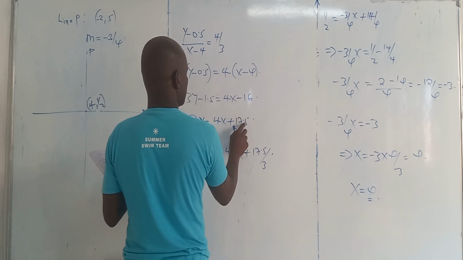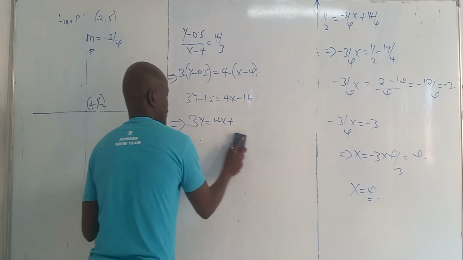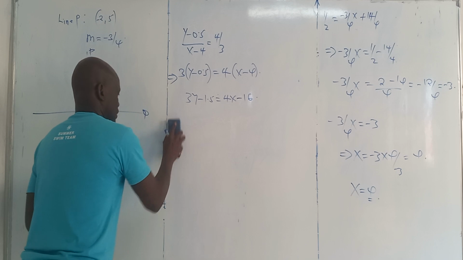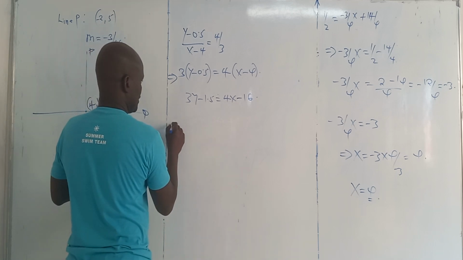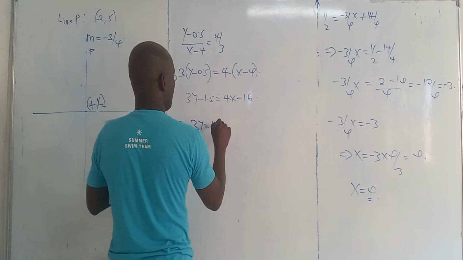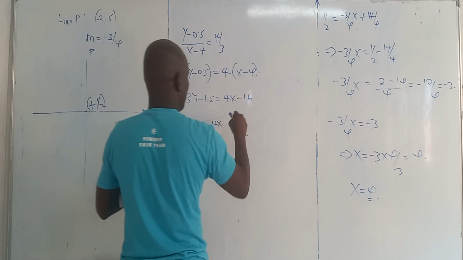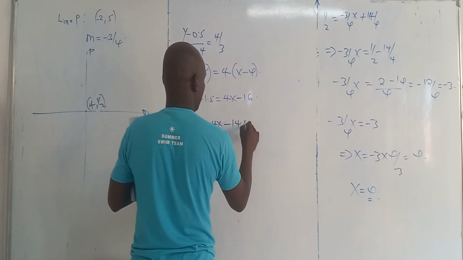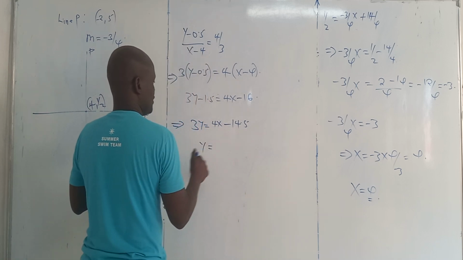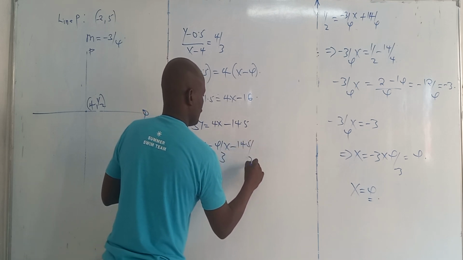Sorry, let's make the correction: if it's minus 16, then 3y is equal to 4x minus 14.5, because that becomes a plus. Therefore, y is equal to 4 over 3 x minus 14.5 over 3.